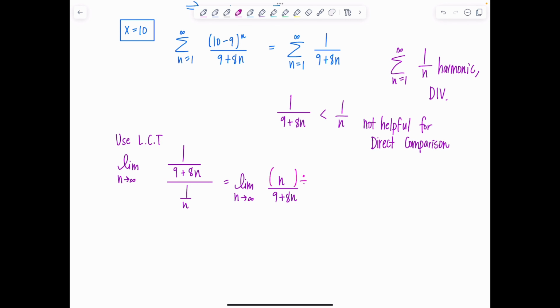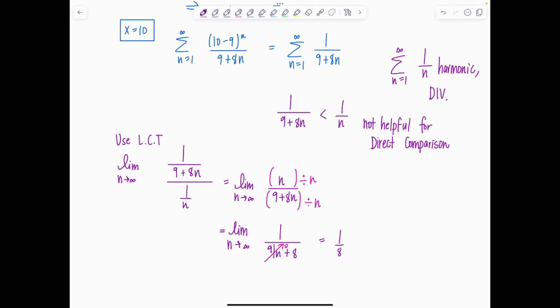And then again, top and bottom are going to infinity, so I'm just going to divide by n, the highest power in the bottom. And then I have the limit as n goes to infinity of 1 over (9 over n plus 8). Well, this is just going to go to 0 in the 9 over n, and I'm left with 1/8.